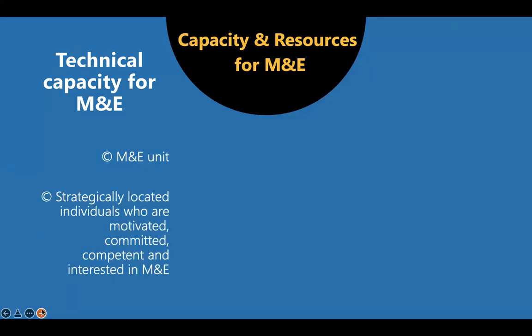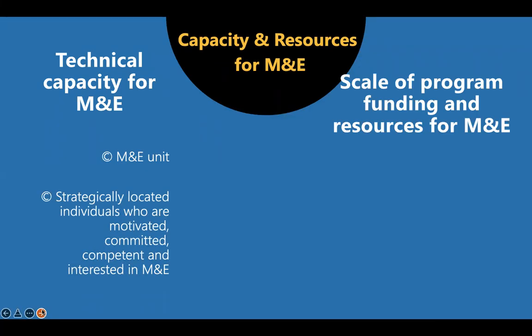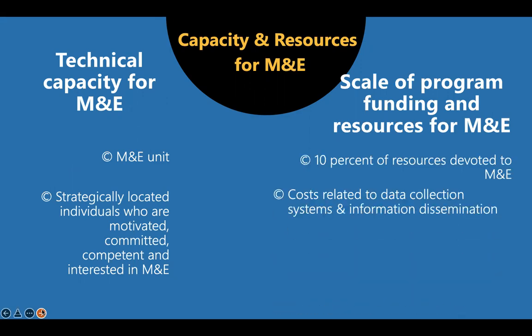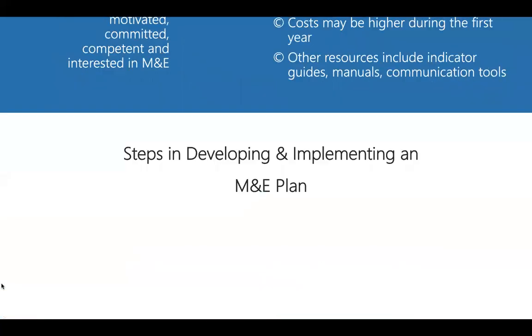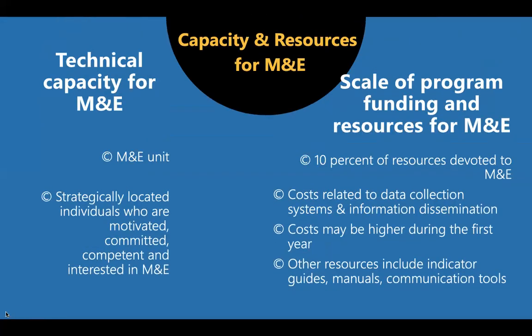Now, resources. The resources you need for M&E to happen in your organization. Let me go back one step. The resources that you need, number one, the international standards are that it is advisable that every project or program should commit 10% of its resources towards M&E efforts. This means money, people, time. 10% of the resources should be devoted to M&E, and I earlier said that actually a big percentage of the role of a manager is monitoring.